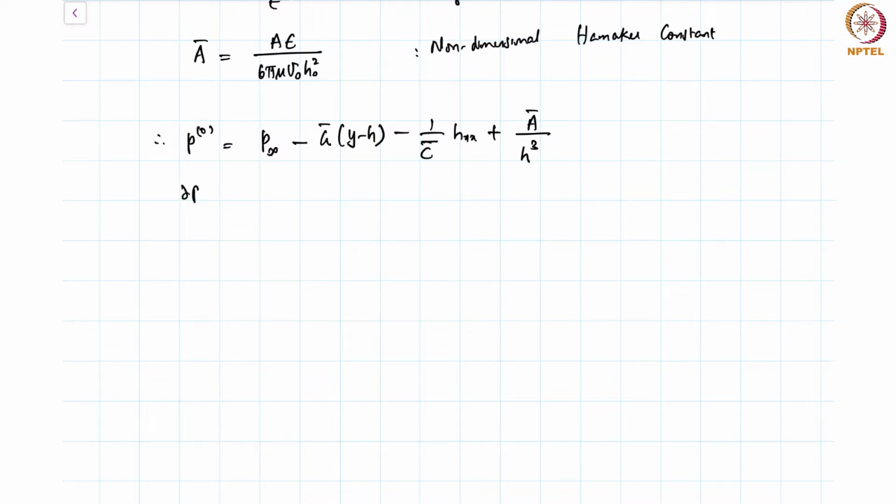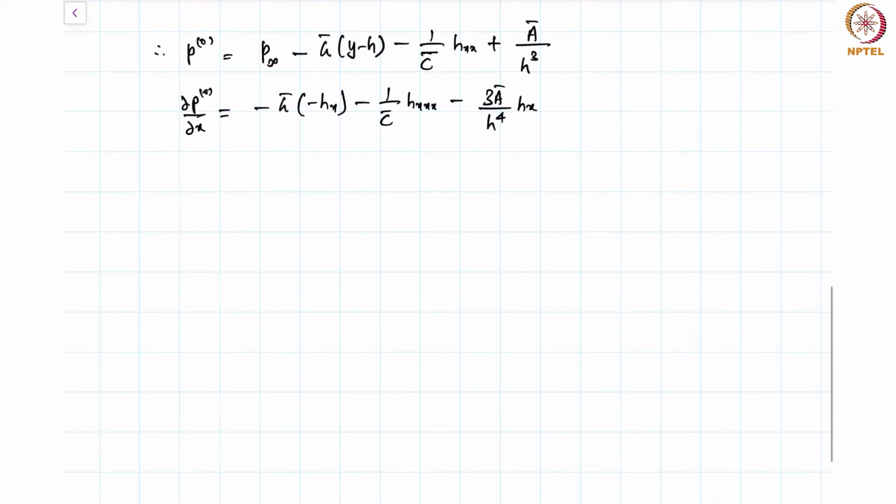And now I can calculate the pressure gradient, del P by del x. This will simply be G bar of minus h_x, then we have the derivative of the curvature, and finally we have the last term, h_x.